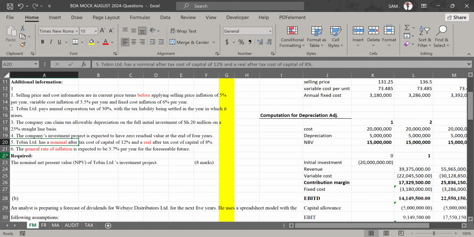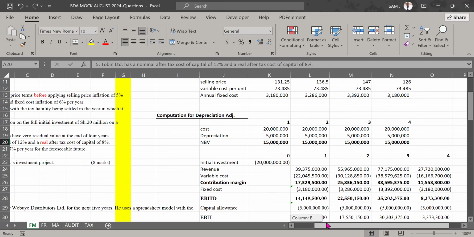Okay. Note number 5, nominal. We are told Tobin Limited has a nominal after-tax cost of capital of 12% and a real after-tax cost of capital of 8%. Now, this is the catch. Remember, I highlighted nominal and I highlighted real. And I remember that Becky, who performed very well in advanced financial management, already told us that this is a feature.